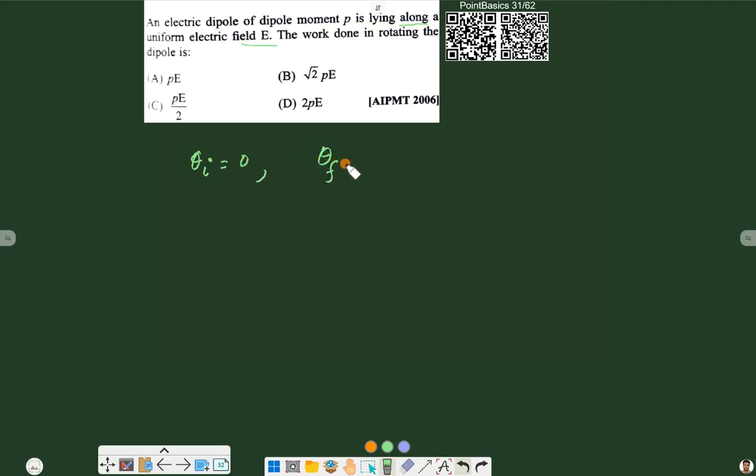And suppose theta final is some value of theta which we don't know. We will try according to whatever matches our answer. So initial energy will be minus PE cos 0, and final energy will be minus PE cos theta.